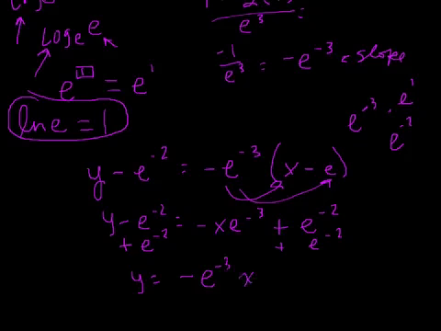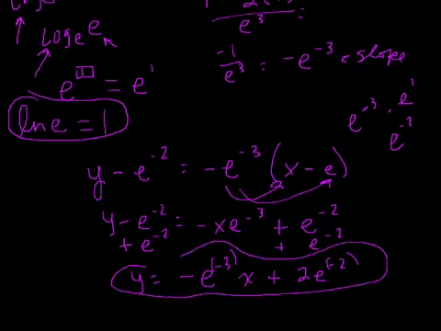The slope always goes in front of the x. And then it looks like we have two of these little fellas, so plus 2e to the negative 2 power. You would do that then in your calculator so that you can estimate what that is in decimal form. Just make sure when you're doing that you put the negatives with your exponents there. And that's the equation of the tangent line right there.